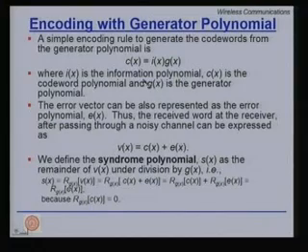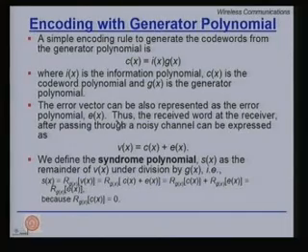So, I(x) is an information polynomial, G(x) we know is the generator polynomial, and C(x) is nothing but the code word polynomial. Now, please note that G(x) has been designed in such a manner that for all possible I(x), the C(x) comes out as a valid code word. That is, it has been ensured that the highest power of x does not exceed that of the block length.